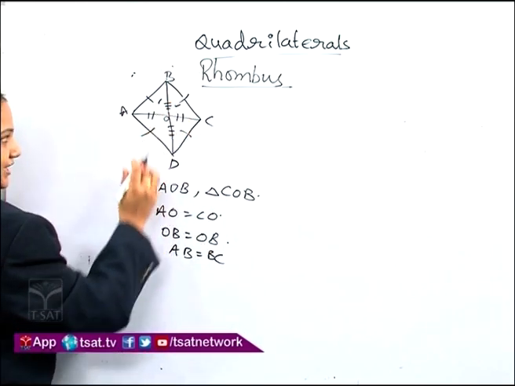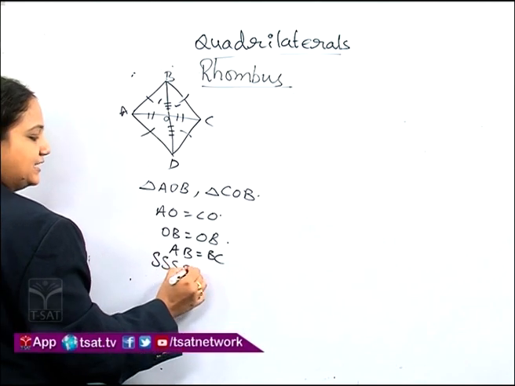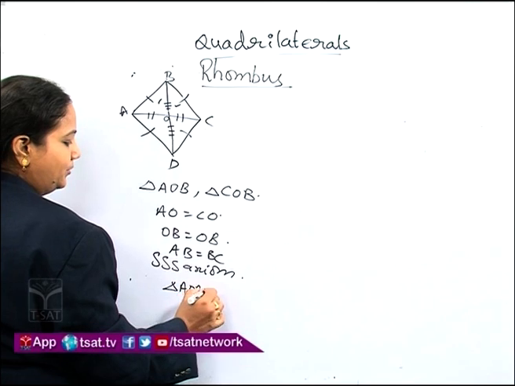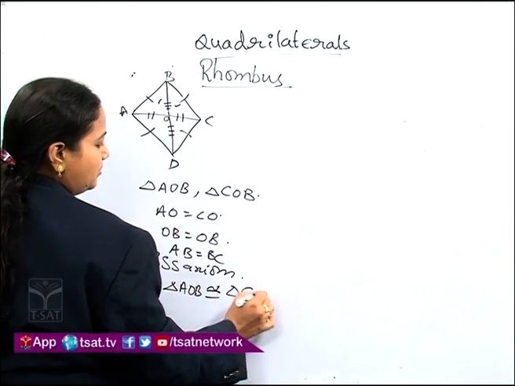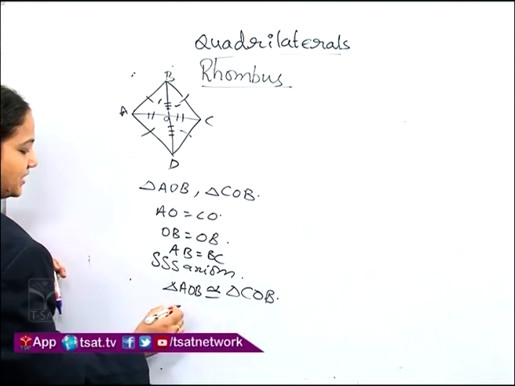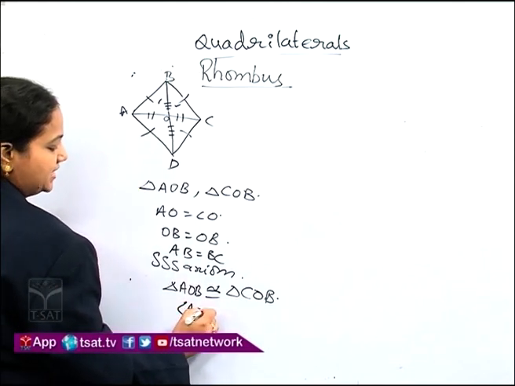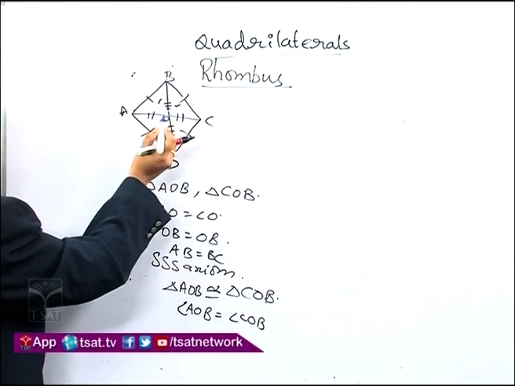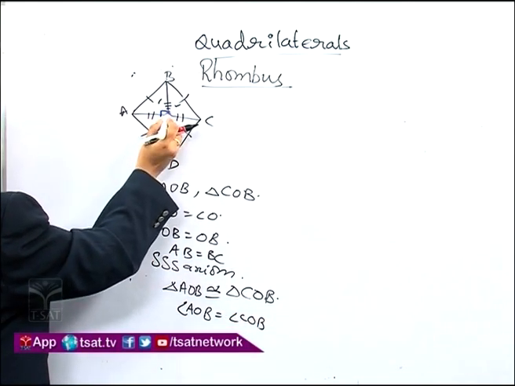Now, we can say that by the SSS axiom, the 2 triangles are congruent, that is, triangle AOB is congruent to triangle COB. Observe that the corresponding parts are equal, that is, angle AOB is equal to angle COB. Look at the figure. AOB is this angle, COB is this angle.